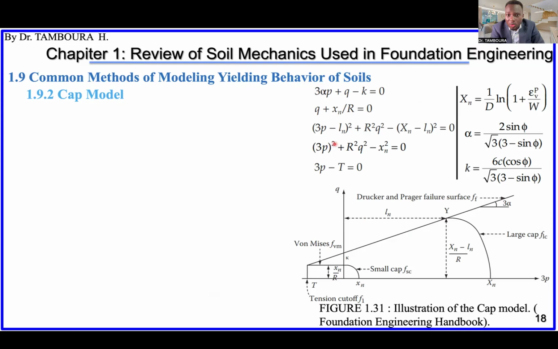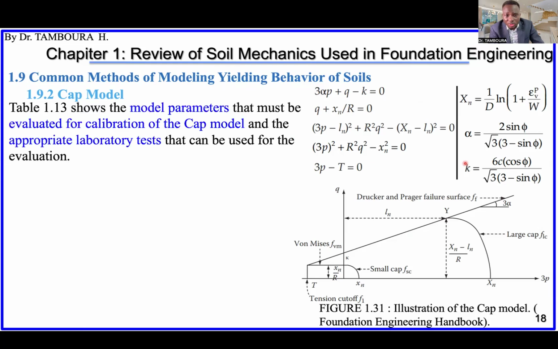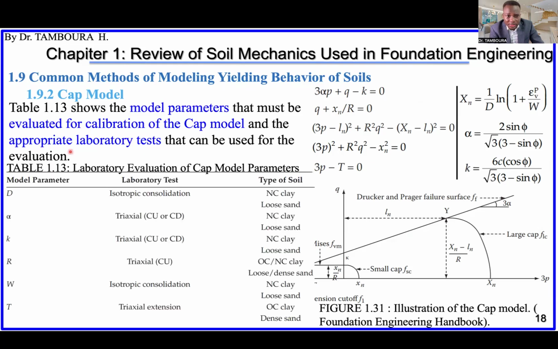So all the equations for this cap model are here, and as you see, there are some soil parameters that we need to determine for calibration of this cap model. So for the calibration, here are the lab tests we need. You can see D here.